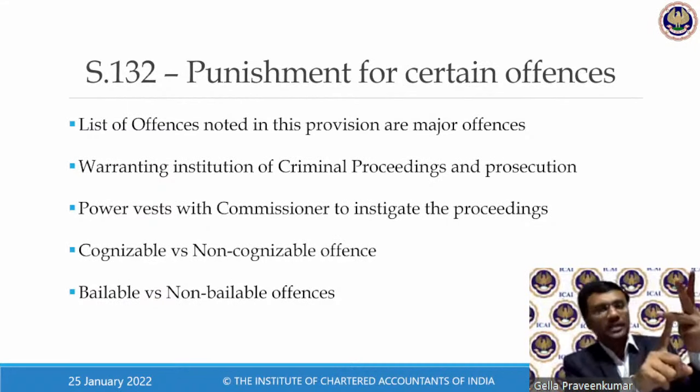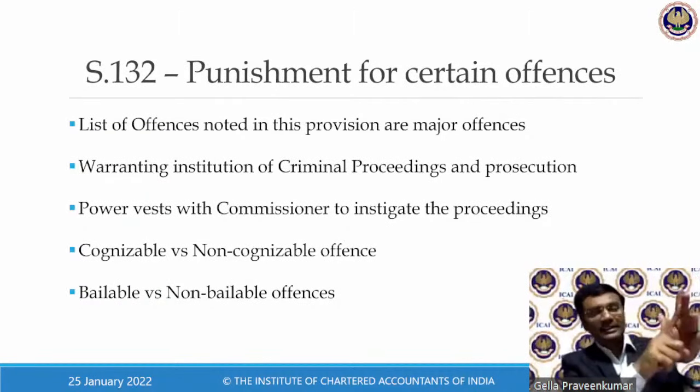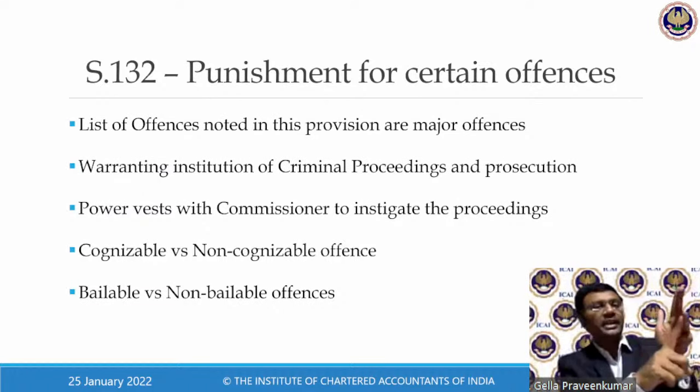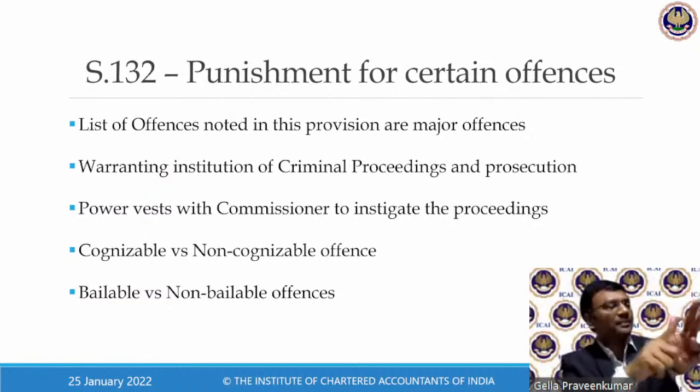D is a government contractor. A sells steel to C. B sells cement to C. C in turn sells the steel and cement to D. Now it's a consortium. D goes for bill discounting. C again goes for bill discounting. A and B again go for bill discounting for the goods which are sold to C.